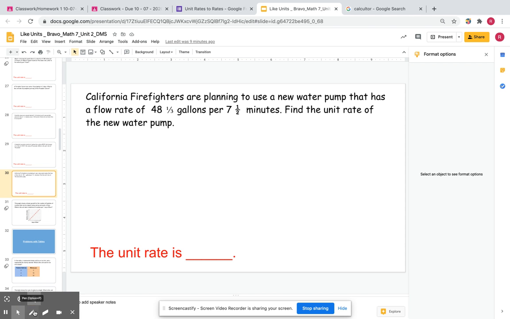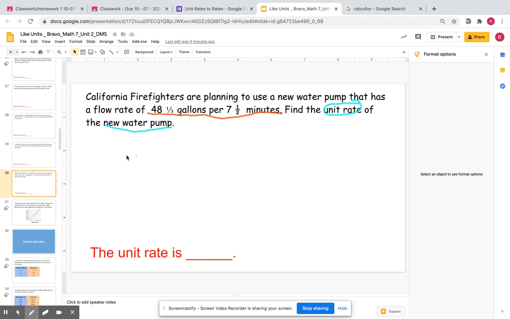So, what is the question asking you to find? I hope you were quickly able to identify that it's asking you to find the unit rate of the new water pump. Now, with that in mind, what information have they provided about the new water pump? I hope you're able to identify that they provided a rate.